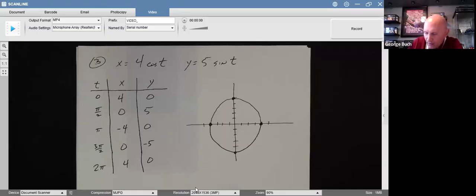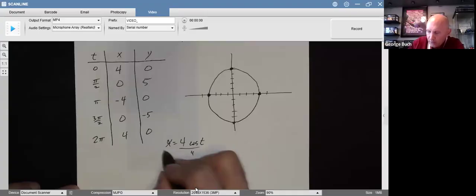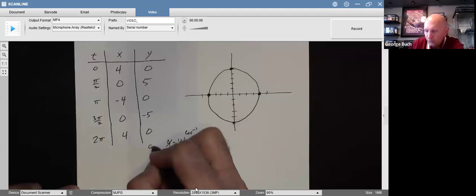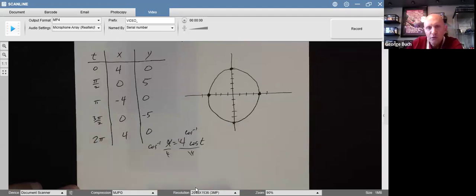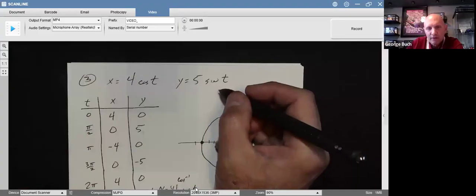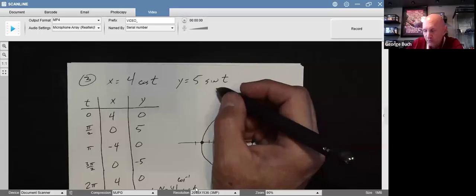But if I did that now, if I have x equals 4 cosine of t, and I'm like, oh, divide everything by 4, and then take cosine inverse. So I have cosine inverse of x over 4. Now plug that into y. I have what? I have a huge mess. I don't have just x's and y's and numbers. I have a bunch of trig functions and inverse trig functions. So that is not how we do these.